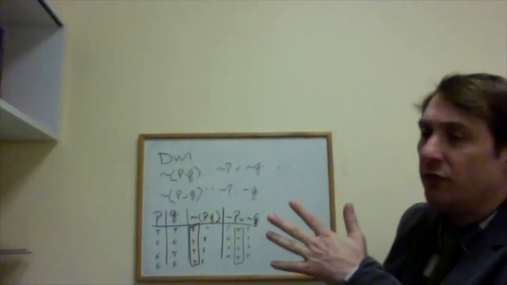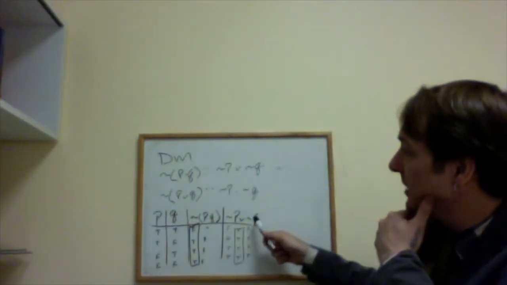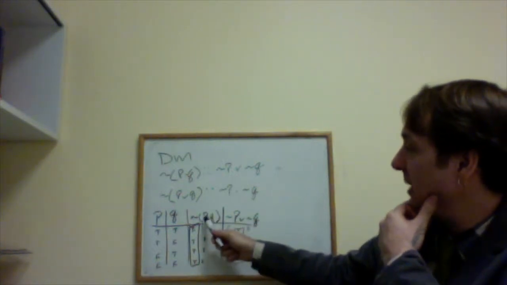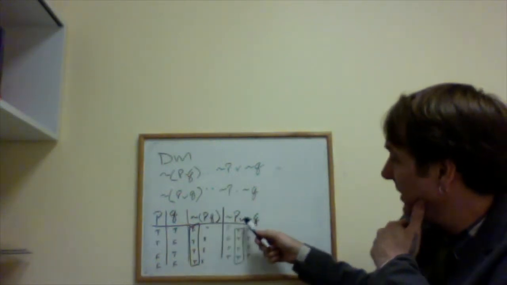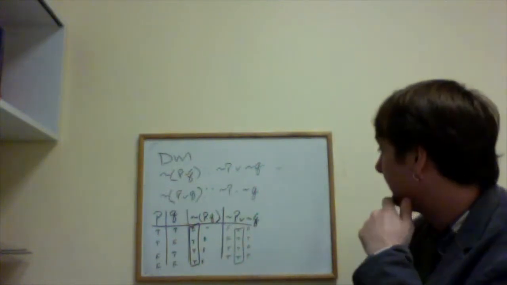So false, false, that's false; false, true, that's true; true, false, that's true; and true, true, that's true. So now notice, false, true, true, true, and true, true, true, true. And so what we've just proven using our truth tables here is that these two statements have the same meaning. This statement literally says the same thing as this statement, at least truth functionally. There's no distinction between them.